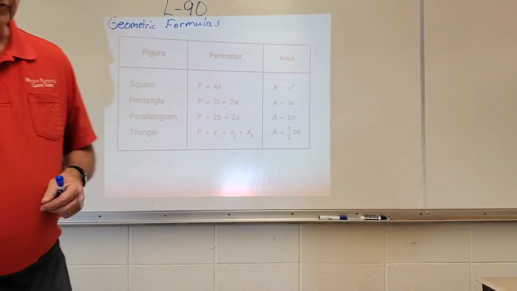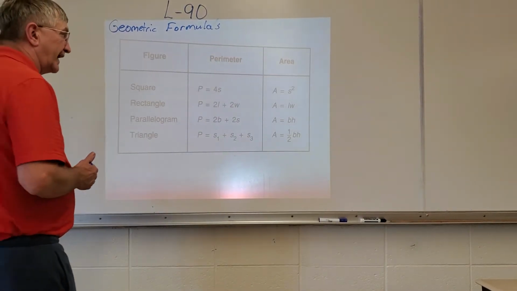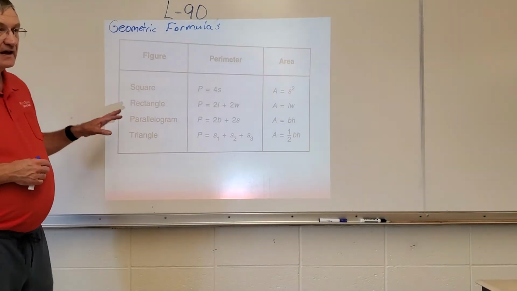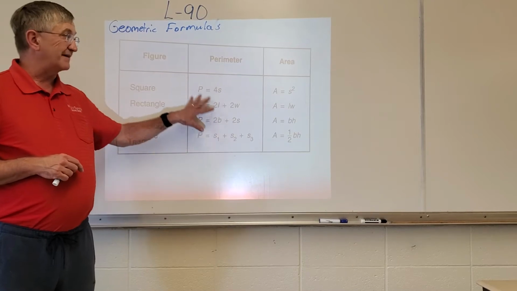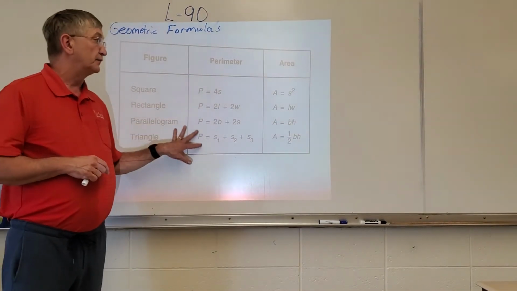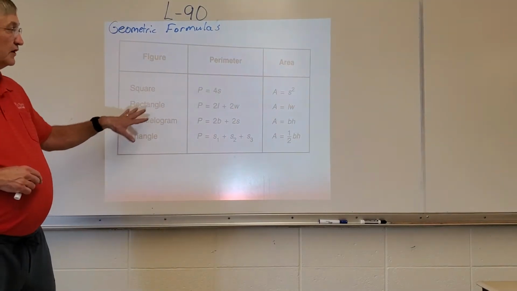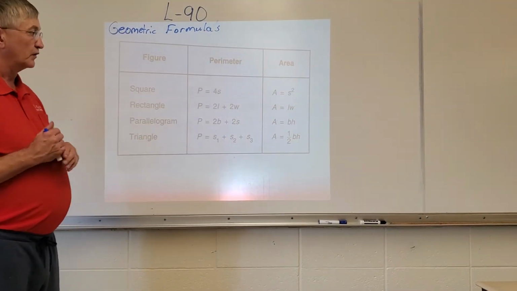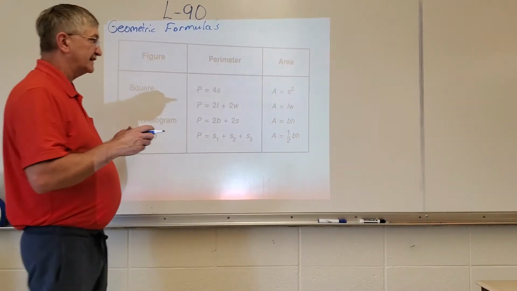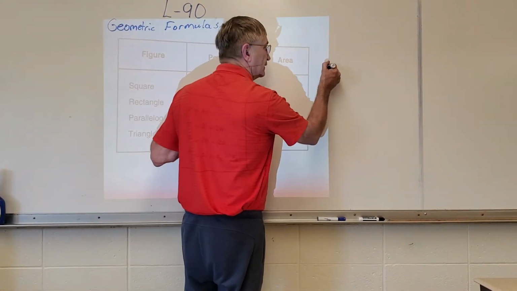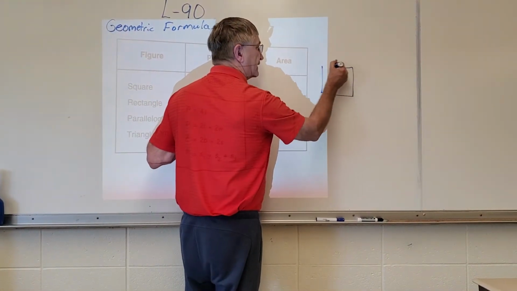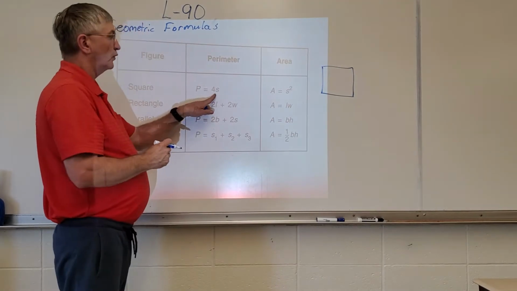So anyway, we have those shapes, and I expect these memorized, and I'm going to require you to give me the formulas. What is a perimeter? Perimeter is P equals 4 times S. So that means if I have a perfect square, I'm going to multiply 4 times the side.